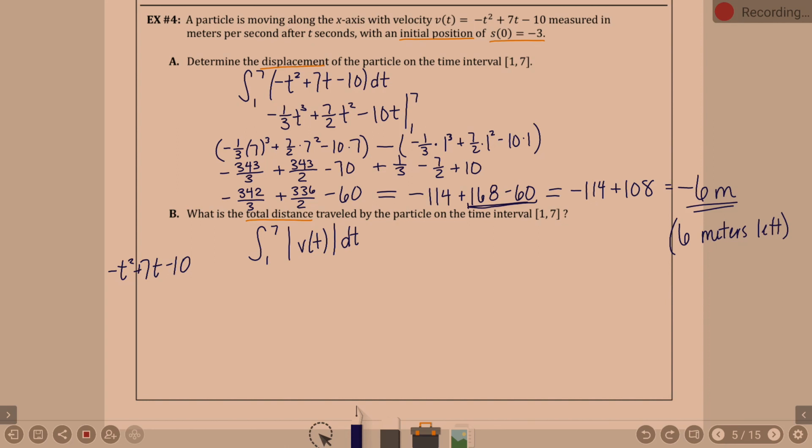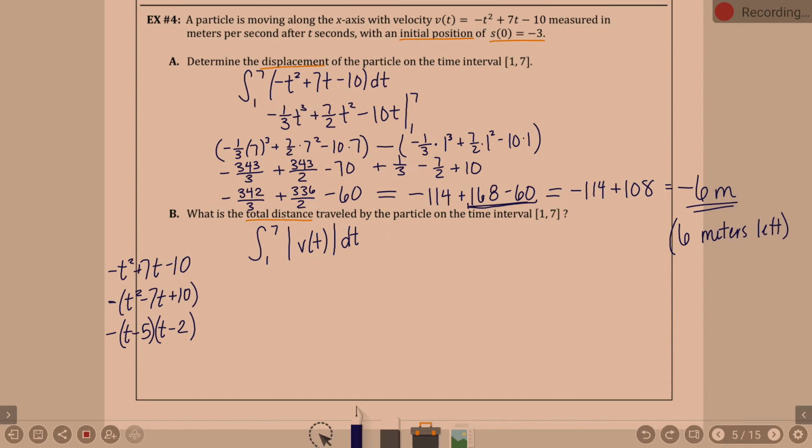Now, for me personally, before I factor this, I'm going to factor that negative out. So if I factor that negative out, I'm now working with t squared minus 7t plus 10. Are you with me on that? And then if I factor that, which is what you guys were trying to already do, which was good, t squared is t and t, multiplying to be 10, adding to be negative 7, minus 5, minus 2.